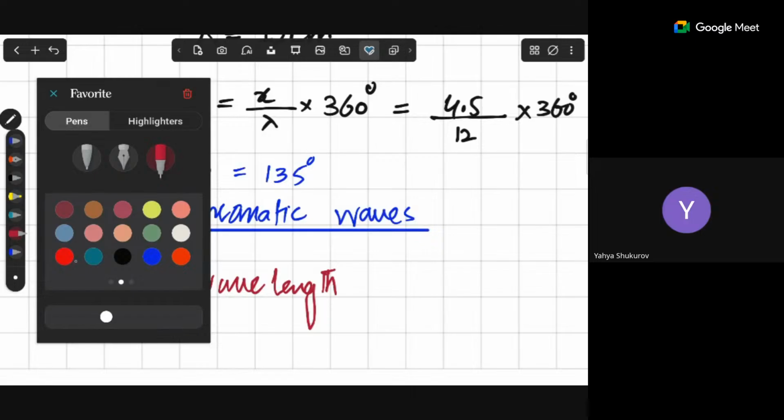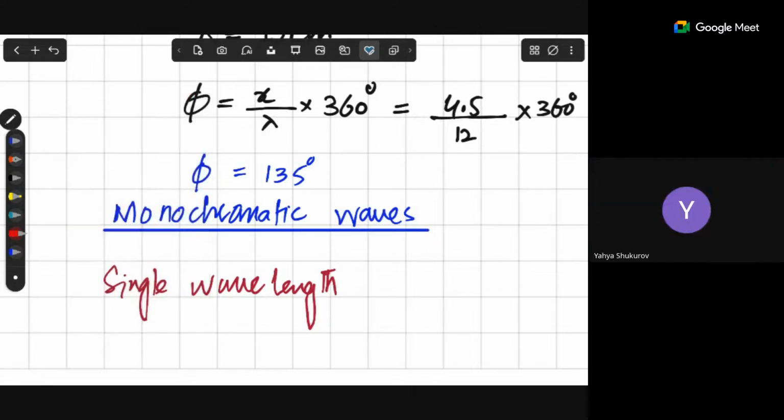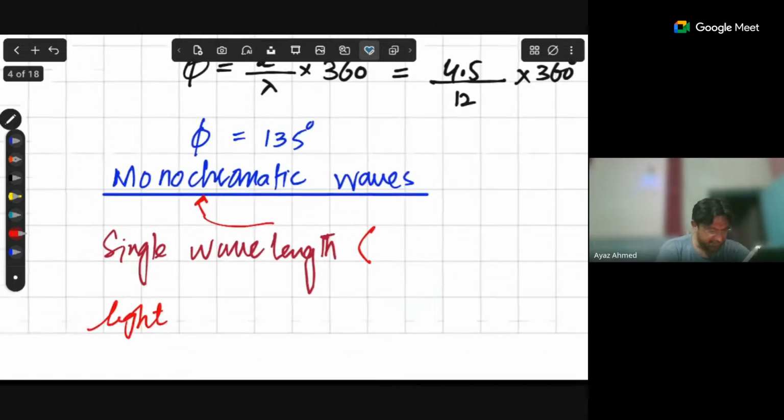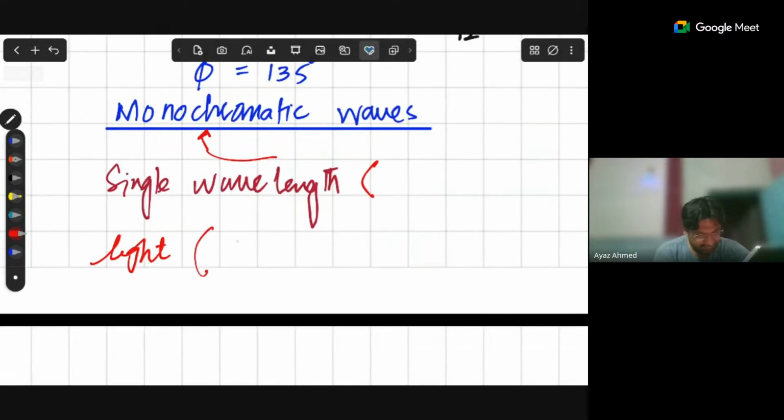The name is a little confusing because it sounds like single color. Yes, chrome means color, and when we talk about color, we consider the light, and in the light we have several colors, VIBGYOR.